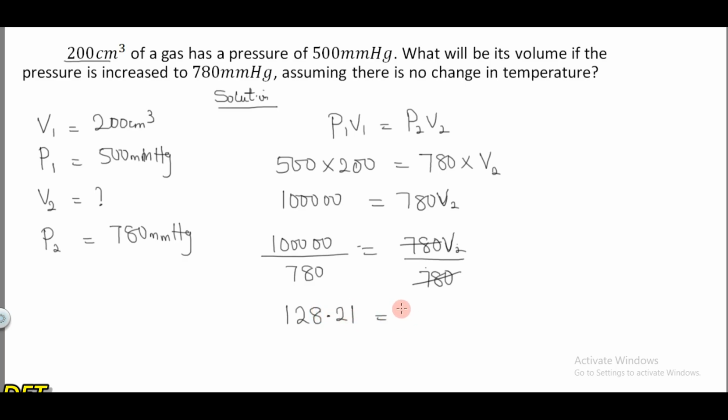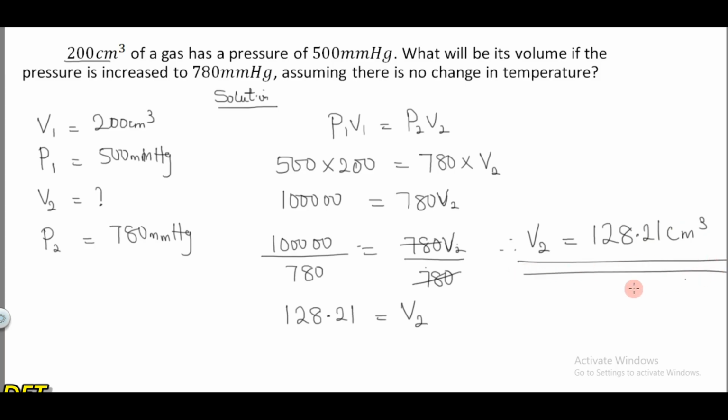That is my V2. So therefore, V2 is equal to 128.21 centimeter cube. This is the answer to this question.